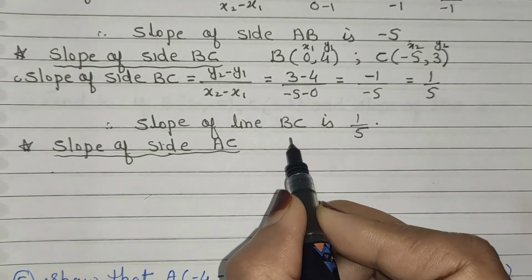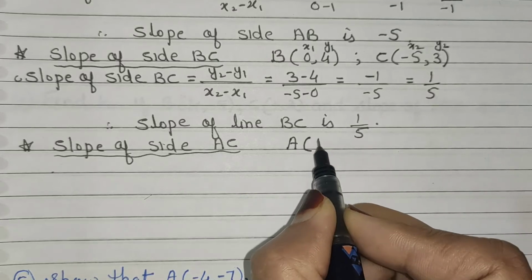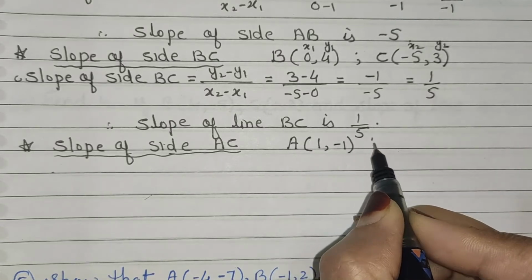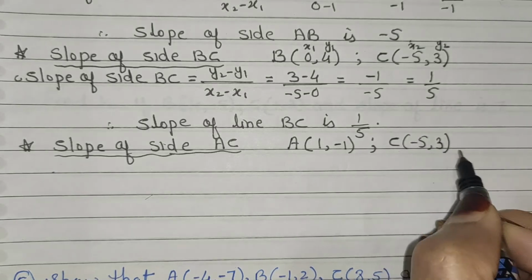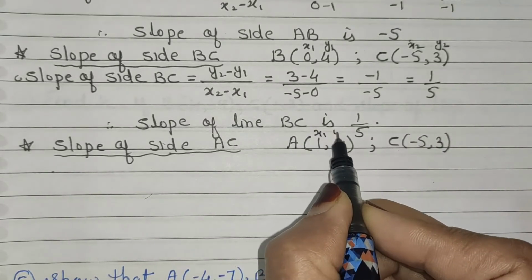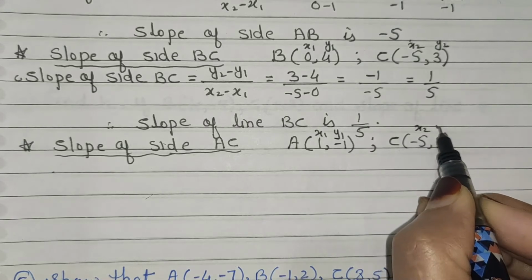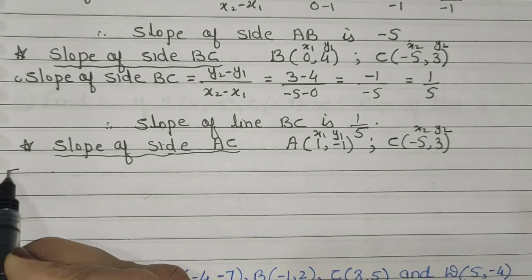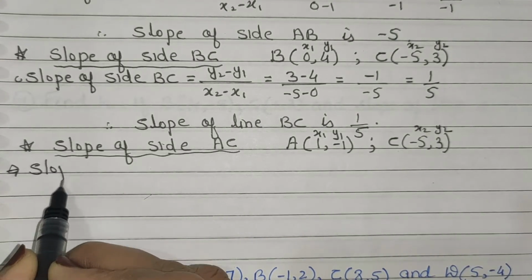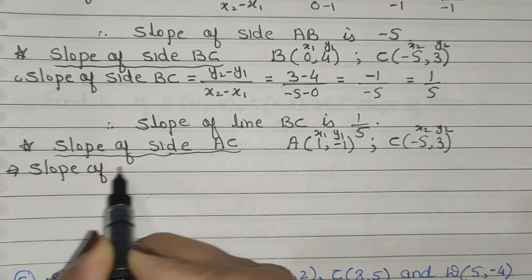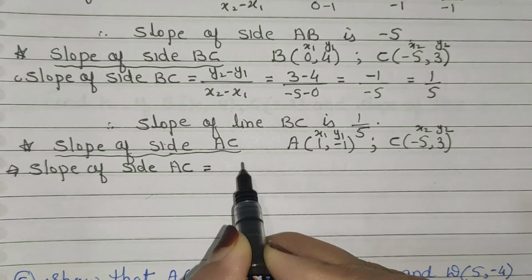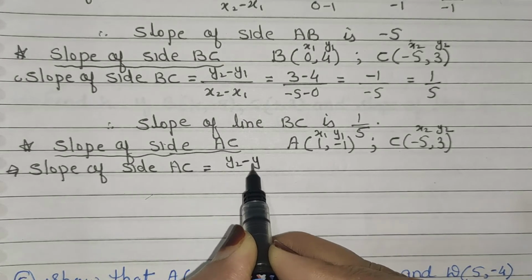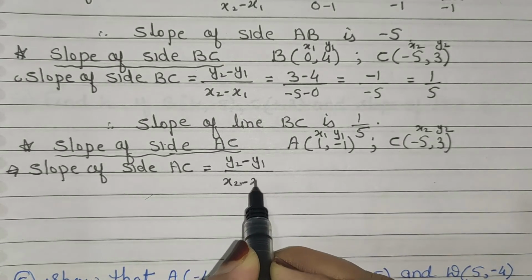Now write down the coordinates of point A are 1, minus 1 and the coordinates of point C are minus 5, 3. Let us consider the coordinates are x1, y1 and here x2, y2. Now by using formula, write down the formula here. Slope of side AC is equal to y2 minus y1 upon x2 minus x1.